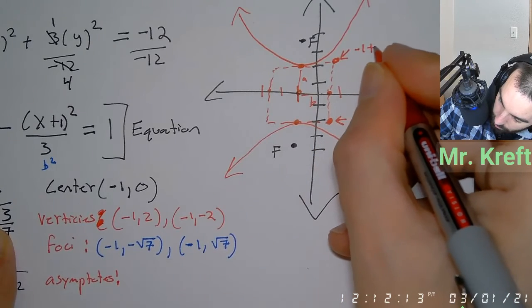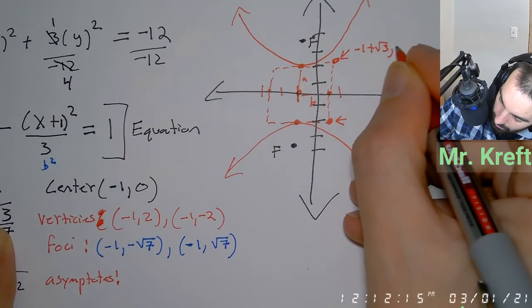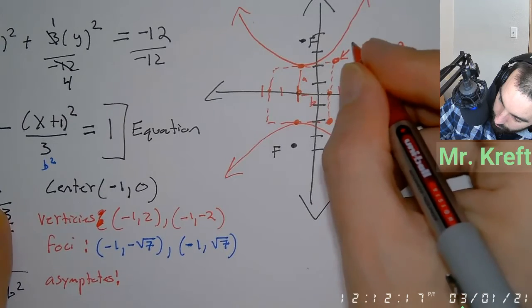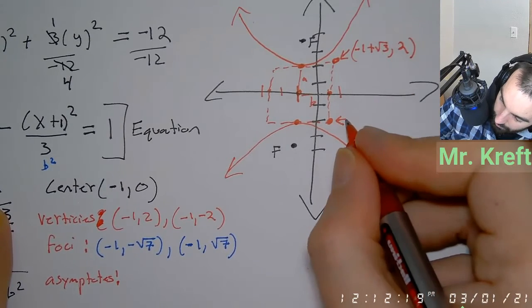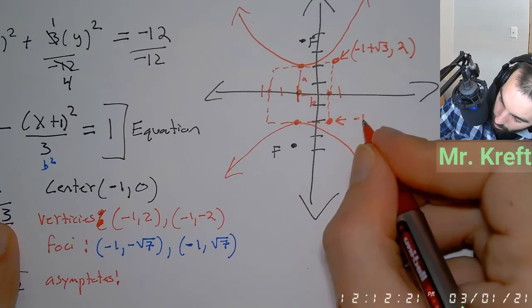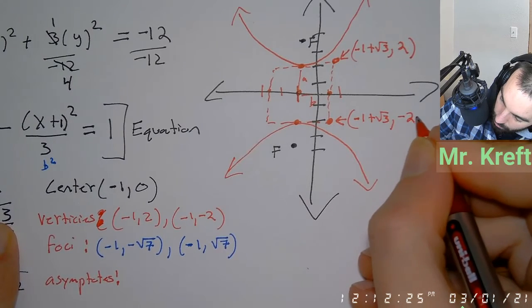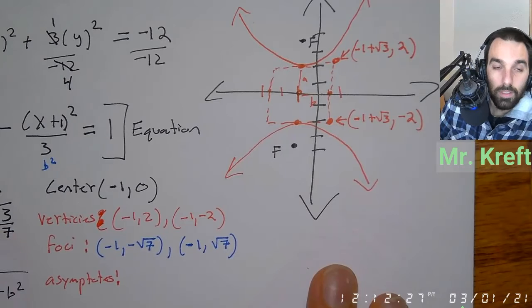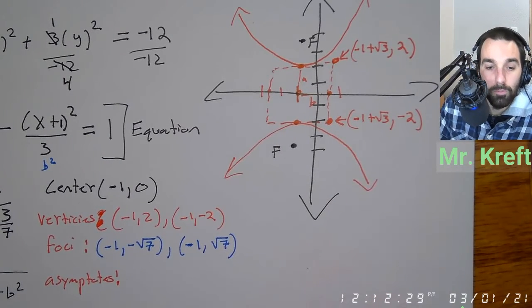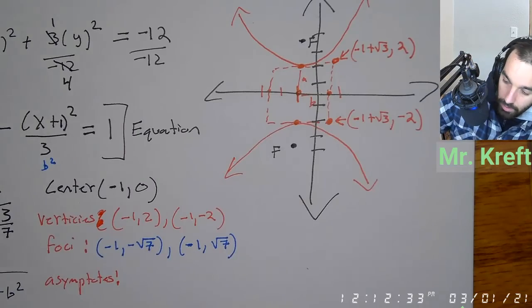So this is -1 plus root 3, and then it is up 2. And then this one is -1 plus root 3, and it's -2. Okay, so those are the 2 points that I'm going to use to help me find my asymptotes.